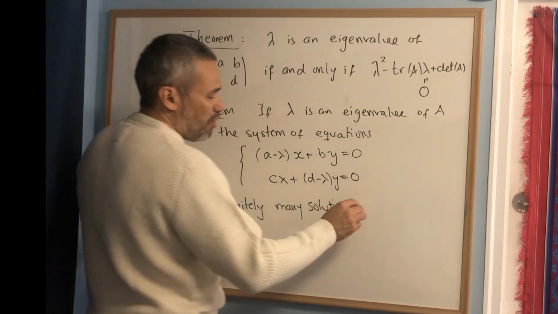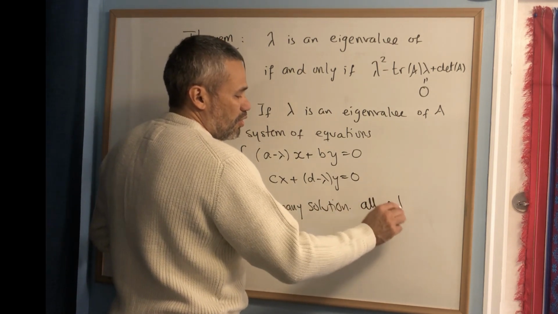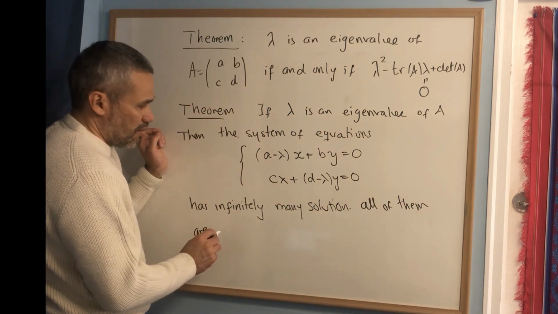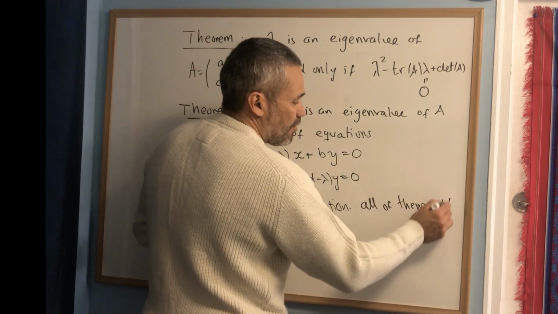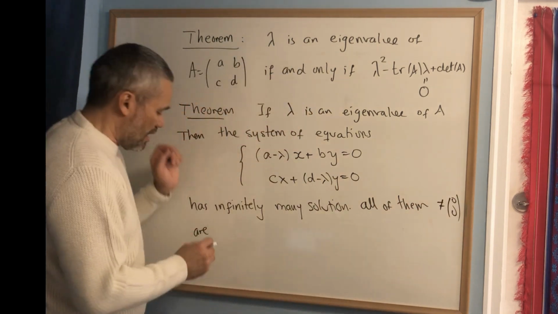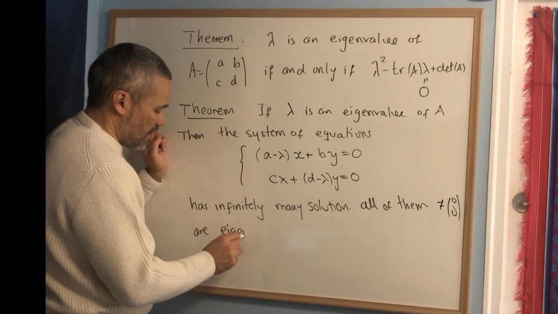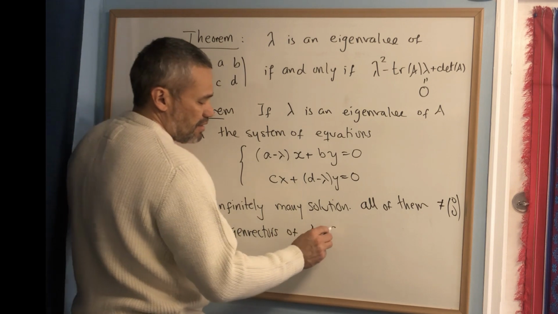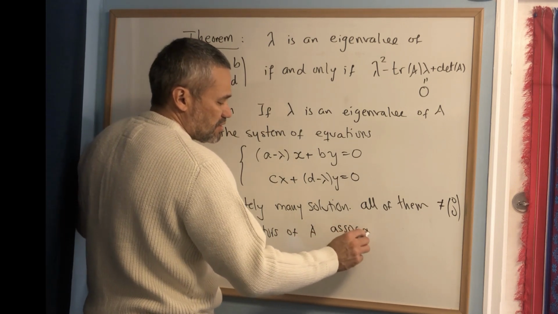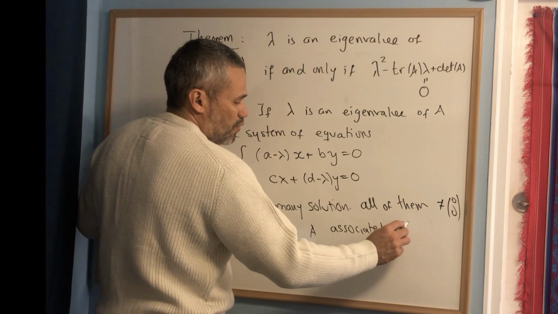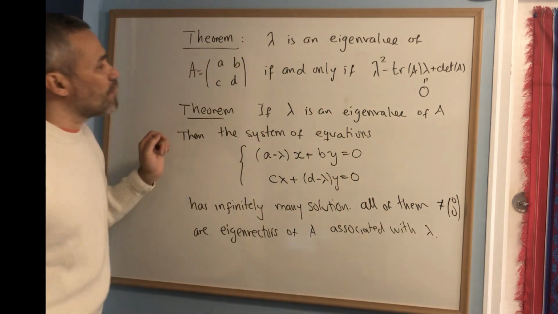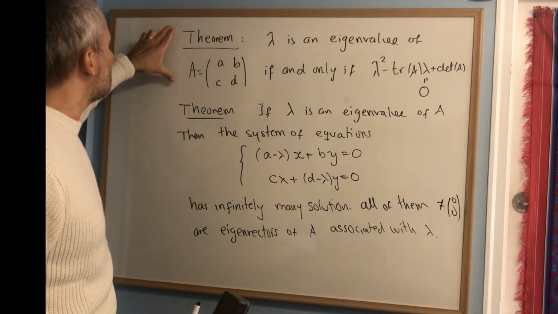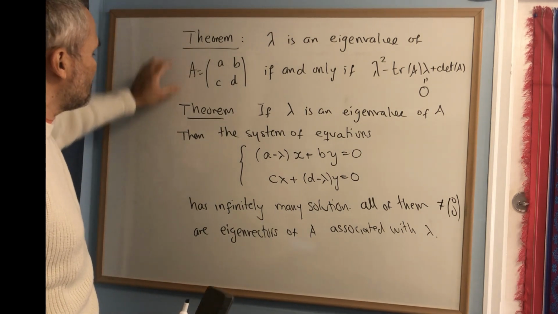And then all of them different from (0, 0) are eigenvectors of A associated with lambda.